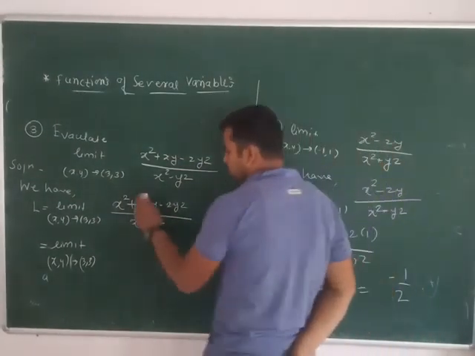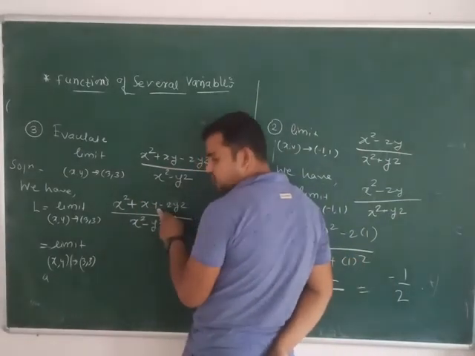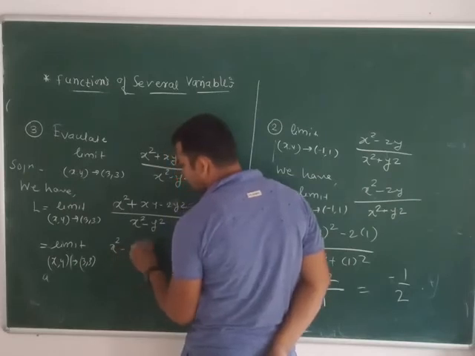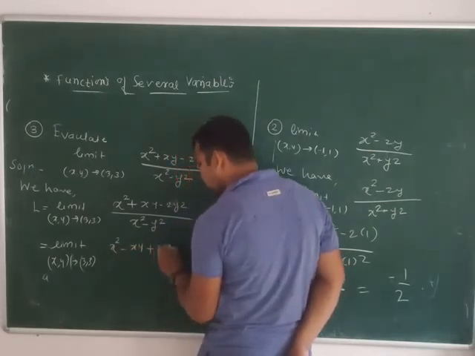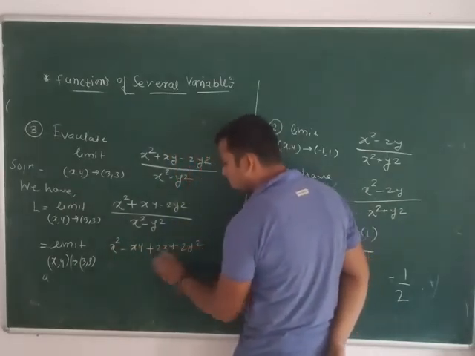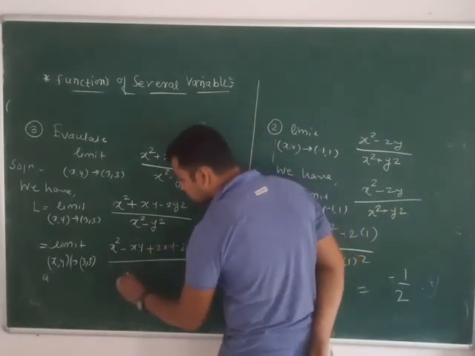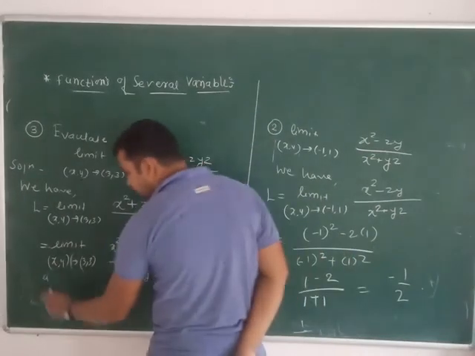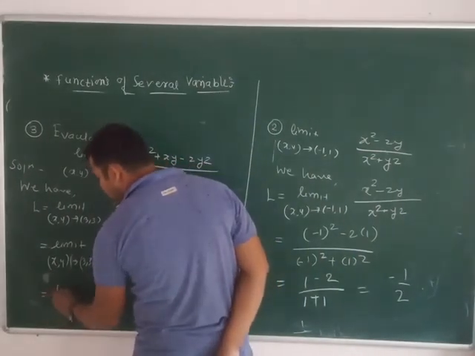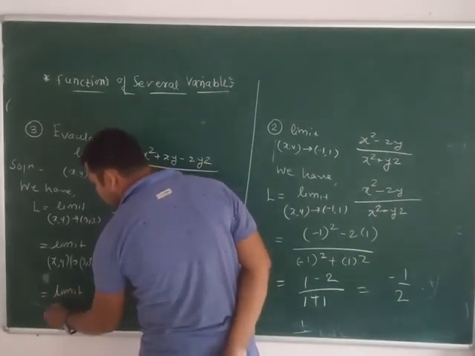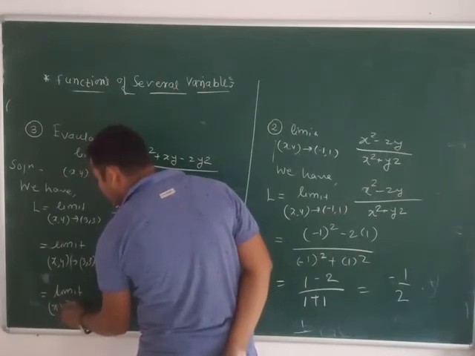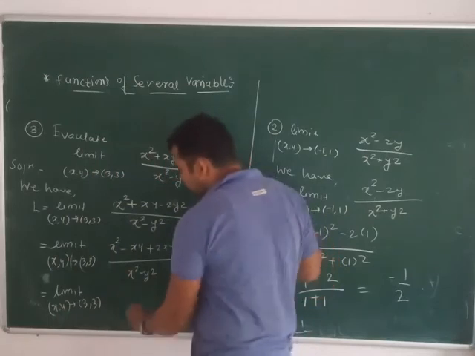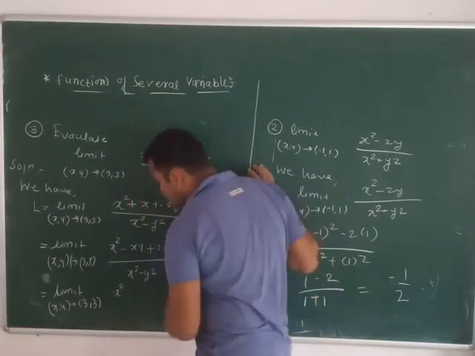So we will factorize the numerator. We get x square minus xy plus 2xy minus 2y square divided by x square minus y square, which is equal to limit (x, y) tends to (3, 3).